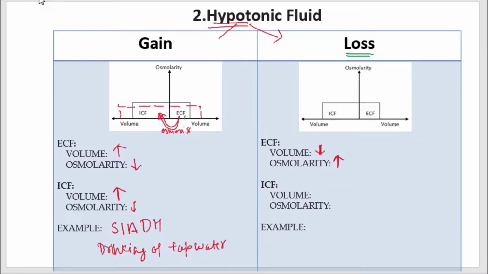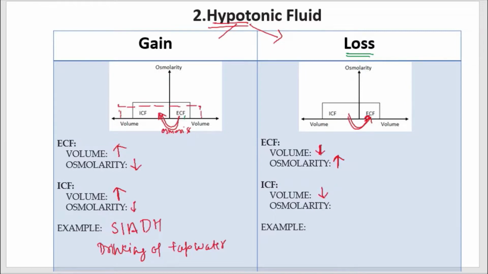When the osmolarity increases, water is shifted from ICF to ECF through osmosis, which decreases the volume of ICF.